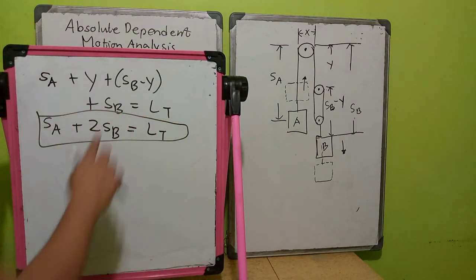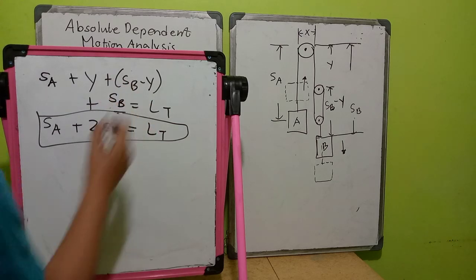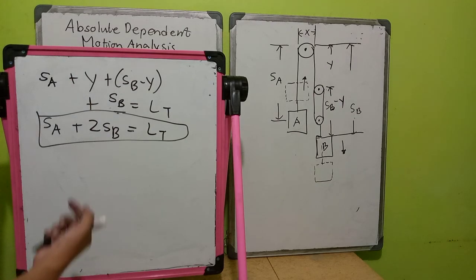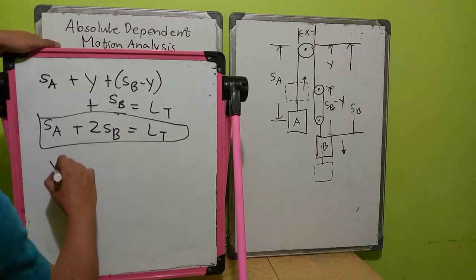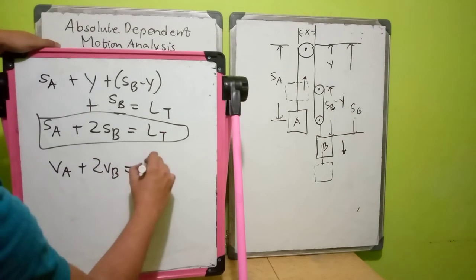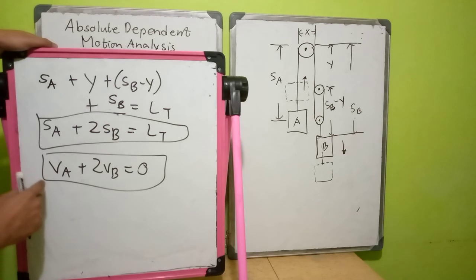In order to get the second formula, which includes velocity, we differentiate this expression with respect to time. We get V sub A plus 2V sub B is equal to 0. Then we differentiate velocity again in order to get the acceleration.